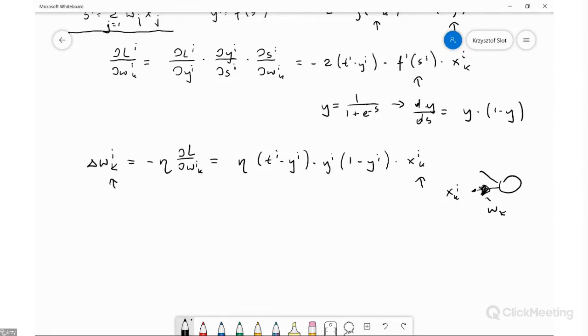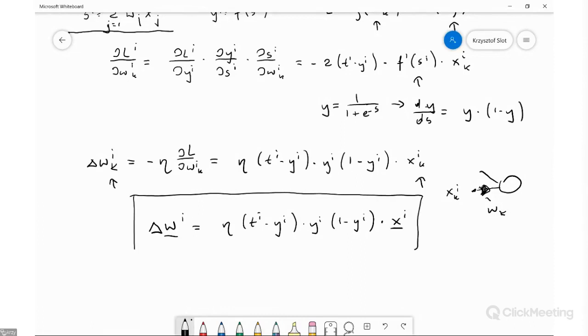The only thing that is relevant to information that is provided to the input is a value at this particular input. So if I would like to tell what is an update for the whole parameter vector, I can say that this is just eta times (ti minus yi) times yi times (1 minus yi). All these are scalar values. And finally, I have xi, which is a vector.